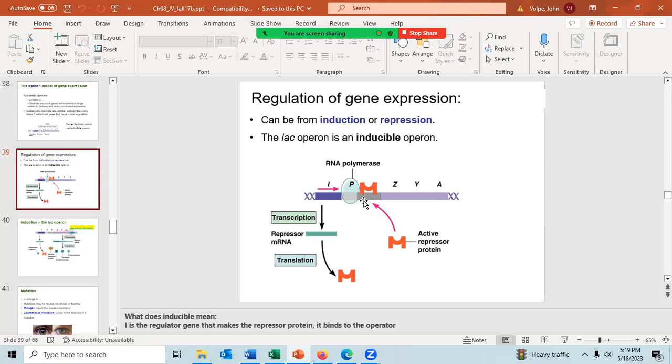I'm going to tell you, no, it does not. So how does that change from the gene being turned off, because the repressor protein is bound, to the gene being turned on?